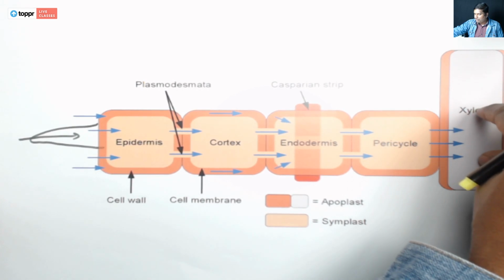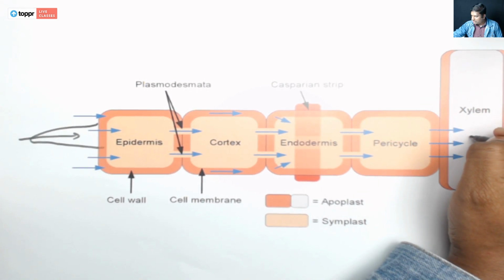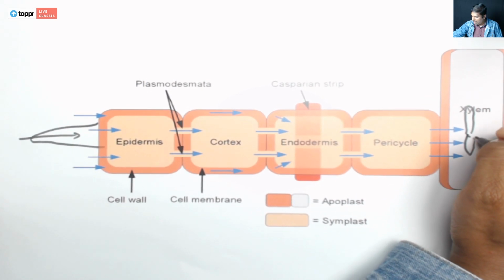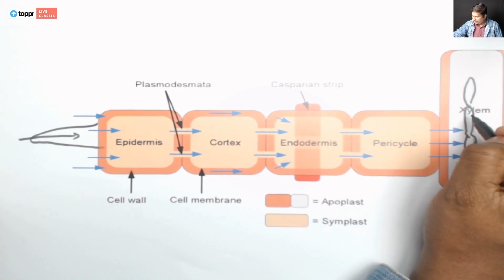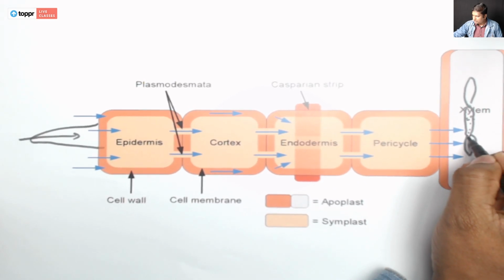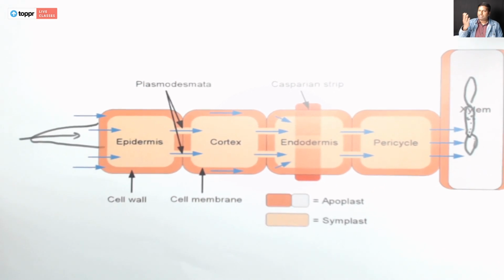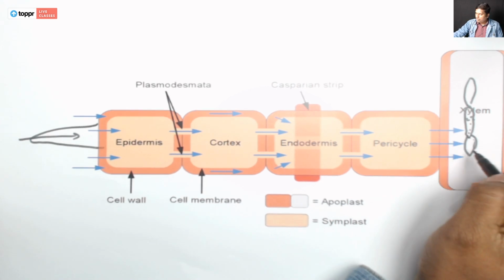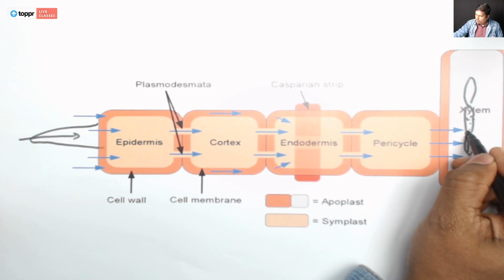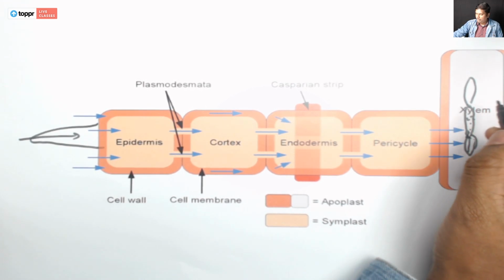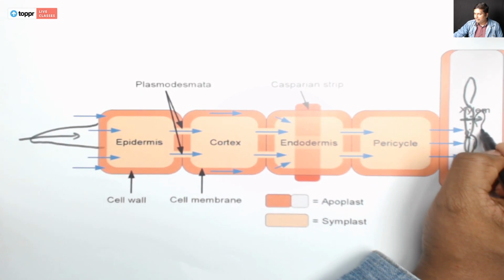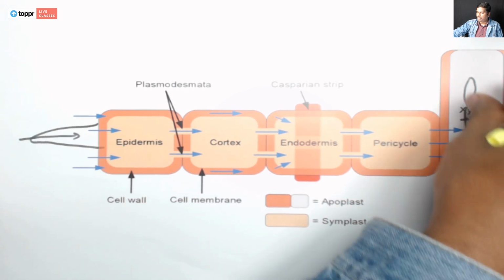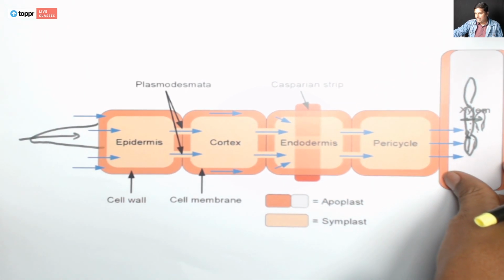When it reaches the xylem, as I told you, the xylem is made up of many cells connected end to end, and they have pores on the sides as well as at the ends. At the ends the pores are aligned so that the water will move from one xylem element to the next through the pores directly, and the water can also move laterally, because the pores are interconnected. So the entire xylem tissue is aligned here.